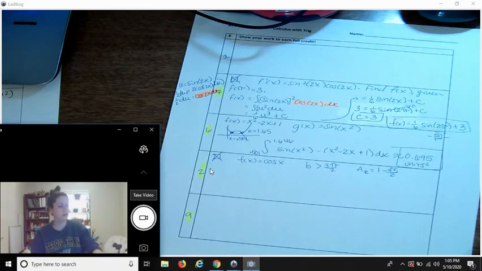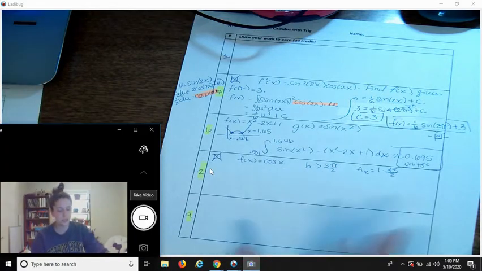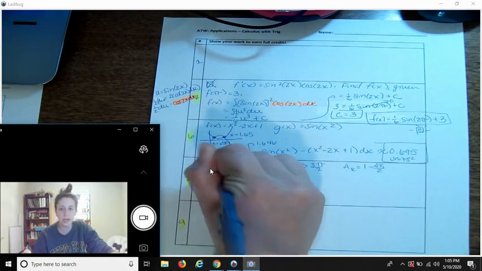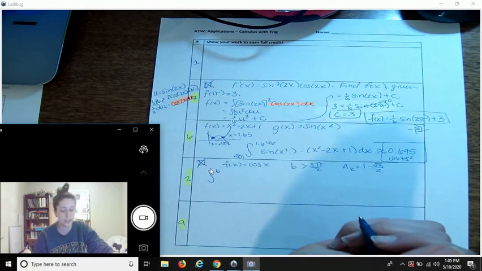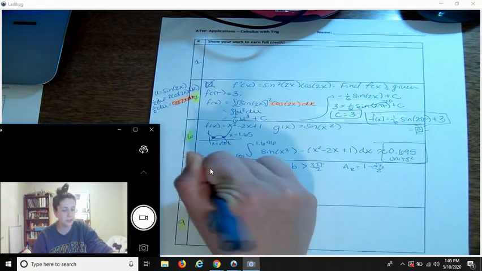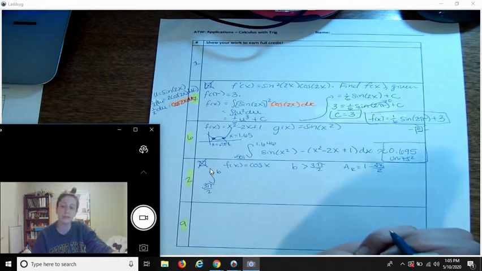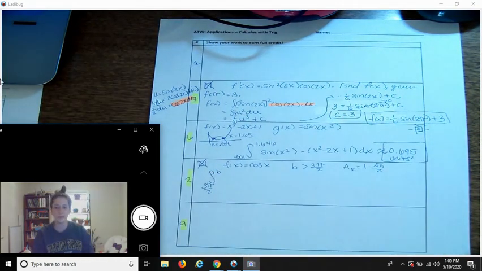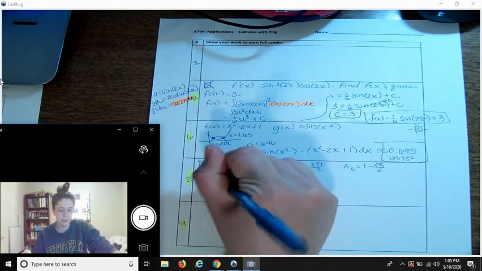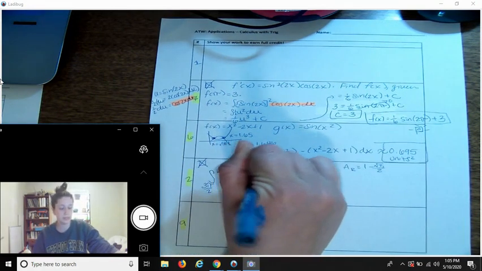Okay, so in number 2, basically we're setting up an integral, but our variable here is b, and b happens to be one of the limits of integration. And we know that it's something bigger than 3 pi over 2, which is our lower limit. So that means that b has to be our upper limit. That was what they were getting at when they told you that. And then we're integrating cosine of x dx because that's the function that they gave us.